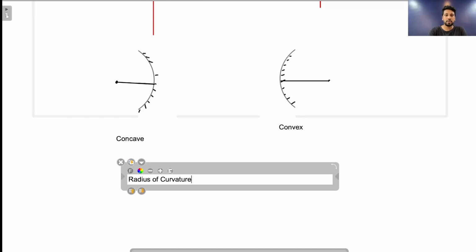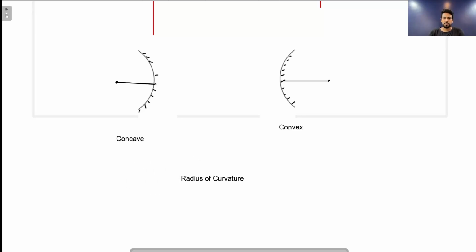I'm sure many of you have heard about it: the radius of curvature of this concave mirror is 5 centimeter, of this convex mirror is 10 centimeter. So what is the radius of curvature basically? It is the radius of the actual sphere from which the whole mirror has been derived.